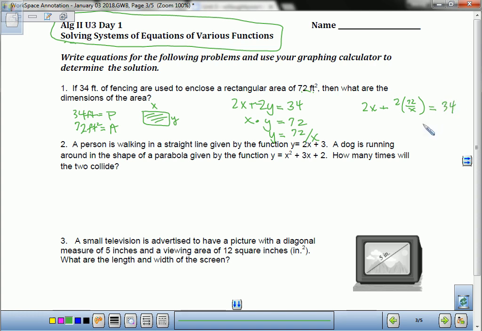So this one would not be hard to solve algebraically. And this is the exact thing we did at the very end of last semester. This is a rational function. So we have 2x plus 144 over x equals 34.